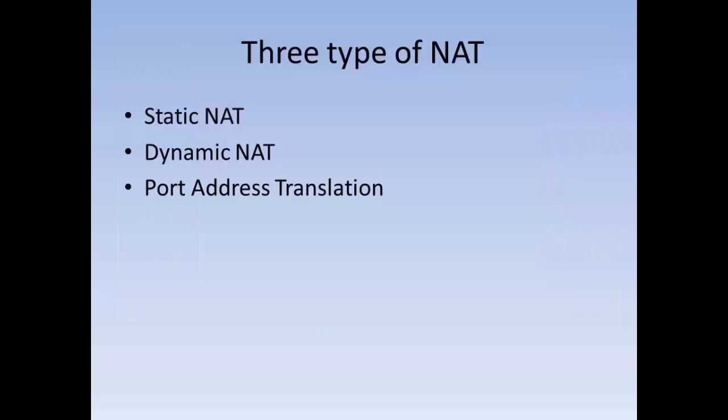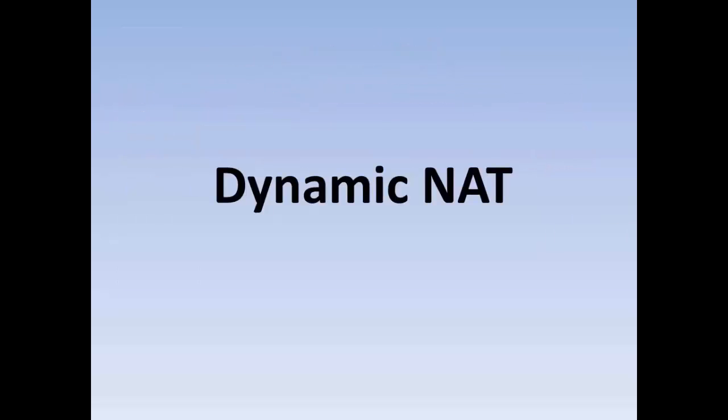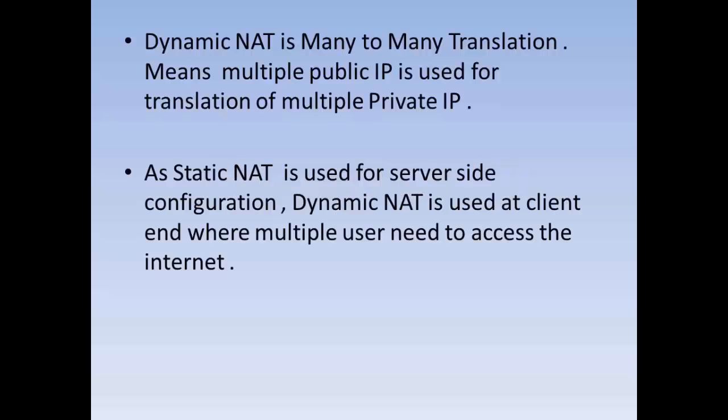As I told you, static NAT is a one-to-one translation, but dynamic NAT is many-to-many translation. It means we have to use multiple public IPs for translation with multiple private IPs.